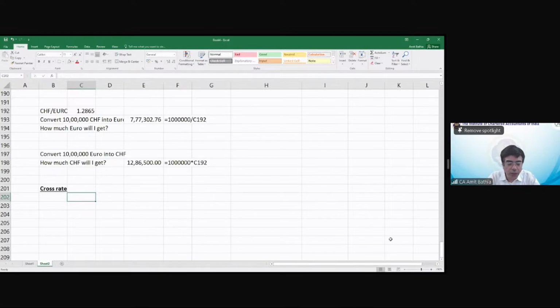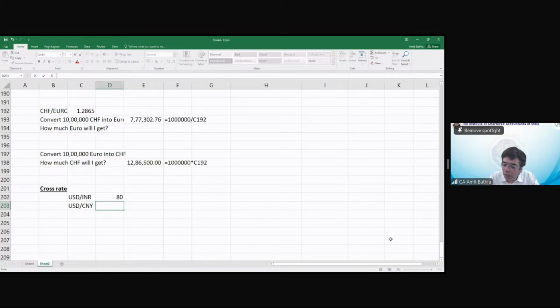I'm told over here that USD to INR and USD to CNY. So USD to INR is, say for example, today 80 rupees. USD to CNY is, let's say for example, 8.